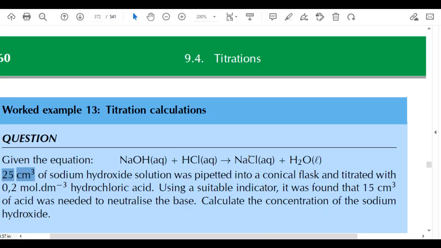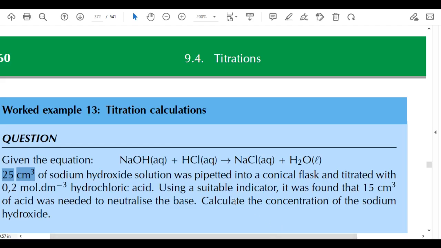What else are we given? We are given that it was titrated with 0.2 mole per dm cubed of hydrochloric acid. Using a suitable indicator, it was found that 15 cubic centimeters of acid was needed to neutralize the base.